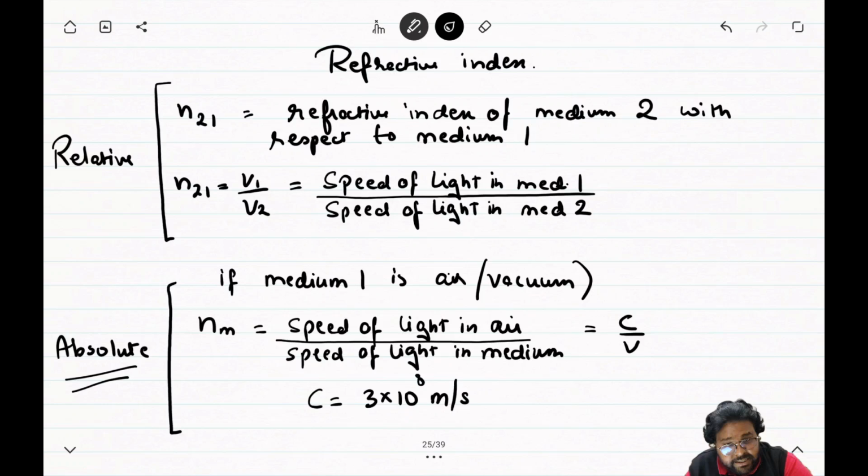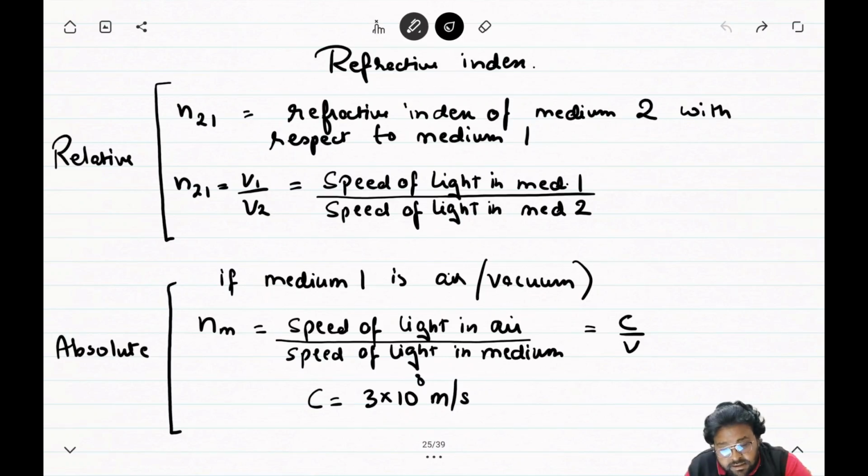And absolute refractive index is when the first medium is replaced by vacuum or air. Then the refractive index of that particular medium is the speed of light in air to the speed of light in the medium. That means c upon v. c we represent by the speed of light in air, that is 3 into 10 to the power 8 meter per second.